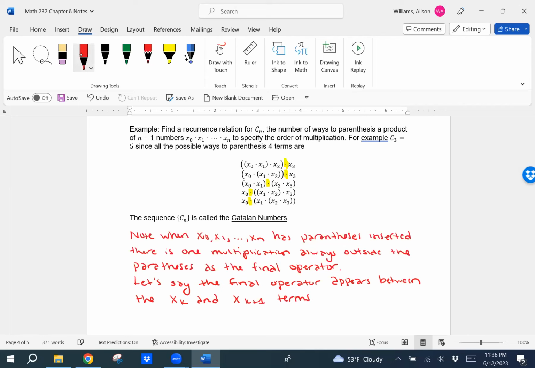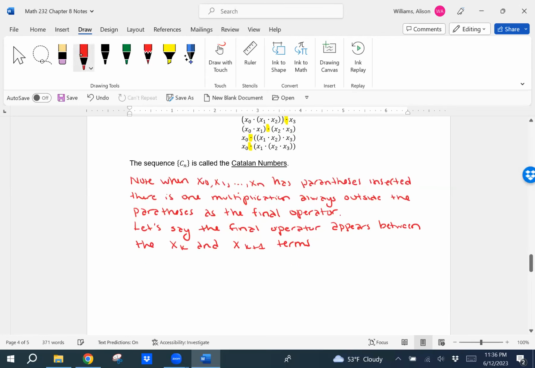So these are two generic terms in the middle. So here's how it splits up. We have the first group of terms, x sub 0, x sub 1, all the way to x sub k. And then the second group of terms picks up from x sub k plus 1, x sub k plus 2, and that keeps going until we get to x sub n.